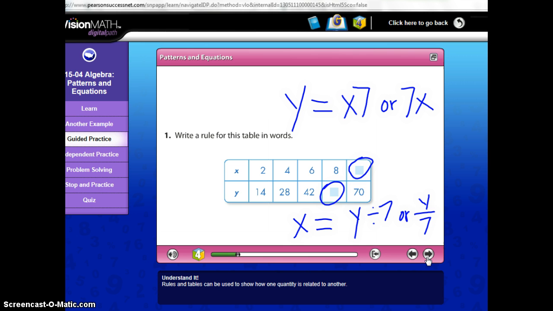If I put a 14 in here, would I get 2? If I put a 28 there, would I get 4? Sure. So every time we start today, Will, we're going to solve for the y's, but I'm going to offer some extra credit. So you might want to try to keep in the back of your mind, okay, if I would have done the opposite, what would it look like?